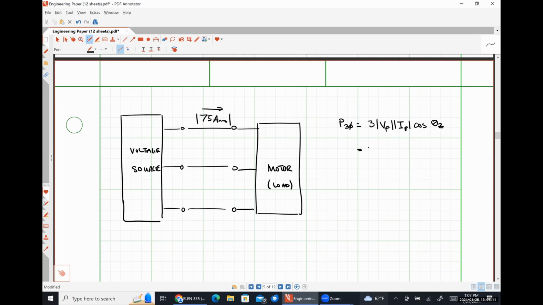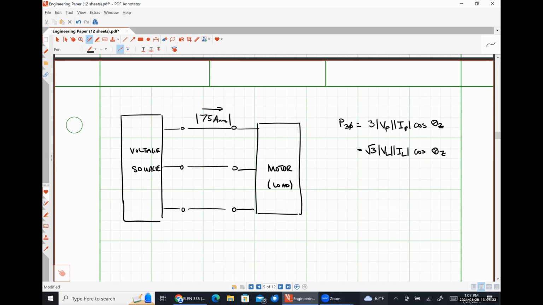Or it's the square root of 3 times the magnitude of our line voltage times the magnitude of our line current times that same cosine factor. Because we know that in a balanced three-phase system, the phase voltage and the line voltages are square root of 3 different from each other.